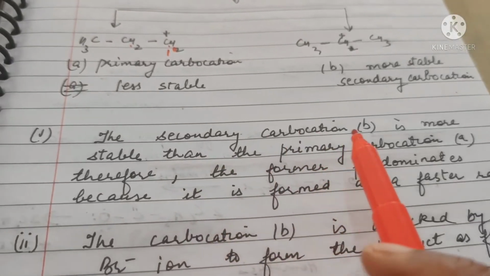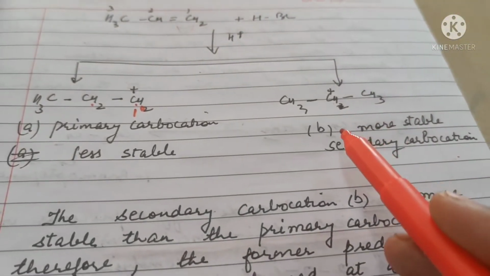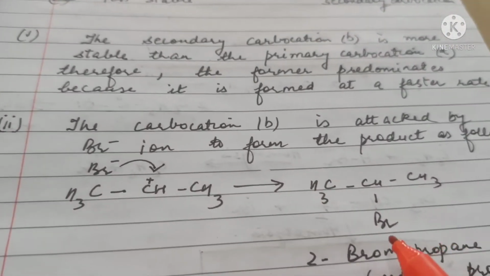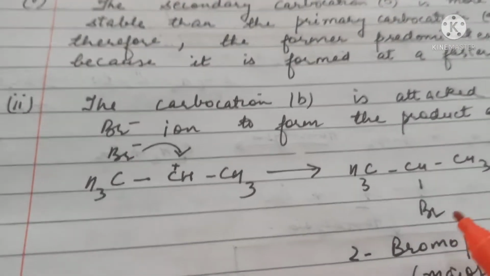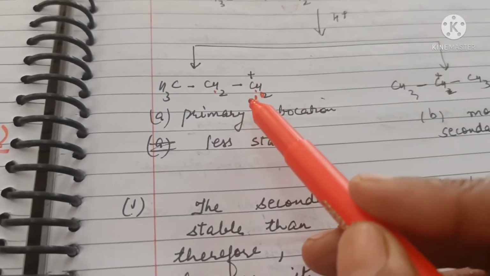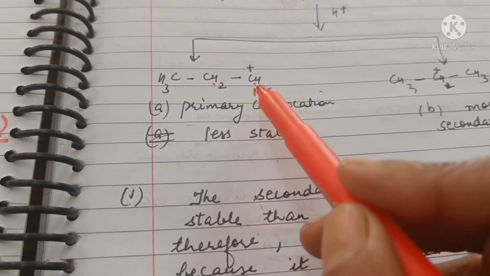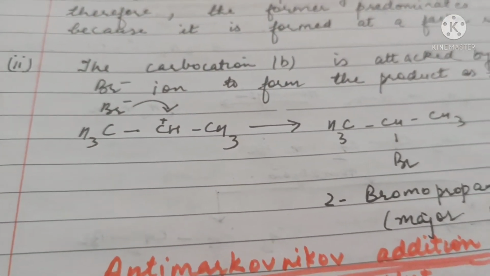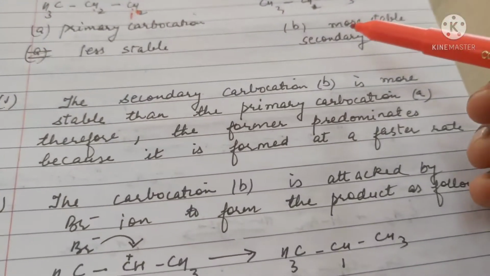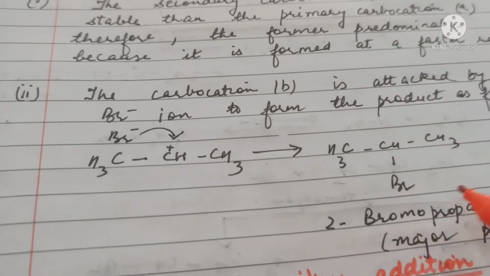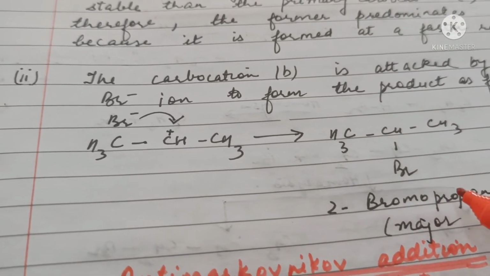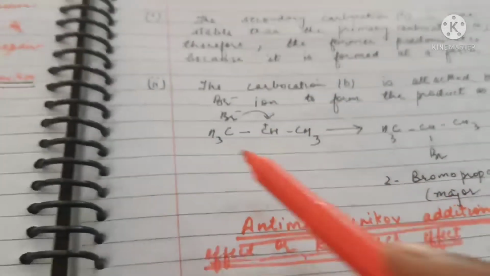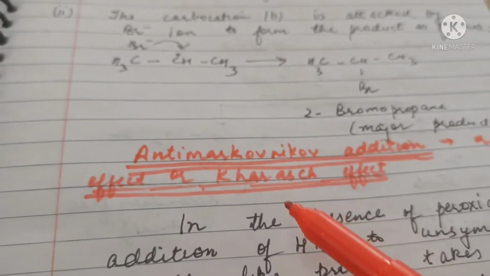Then in the next step, the secondary carbocation will take up the Br atom to form 2-bromoalkane, or the primary carbocation, if it is formed, will take up Br to form primary bromoalkane. Because the secondary carbocation is formed in major amounts, the secondary product is also in more proportion than primary.